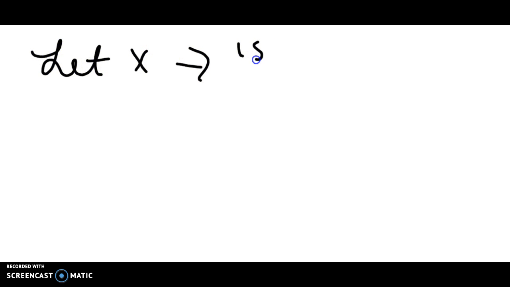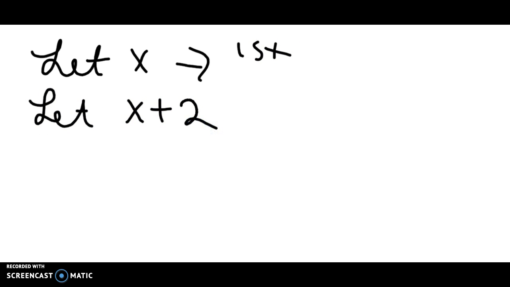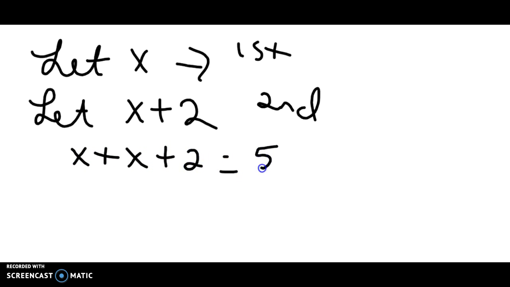Find two consecutive even integers. So let x be my first. Let x plus 2, because remember I said those numbers are going up by 2, be my second. So now let's add them together. X plus 2, and it equals 54.